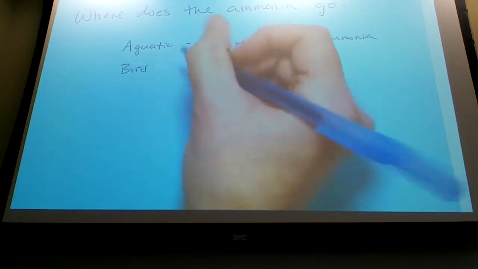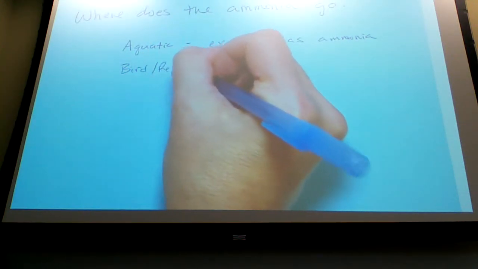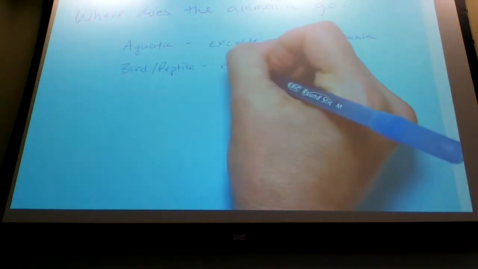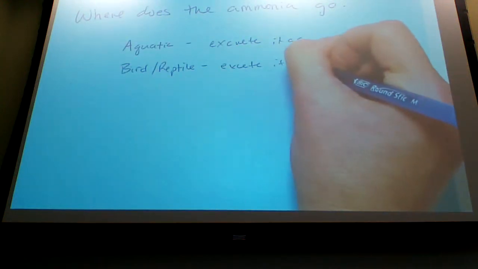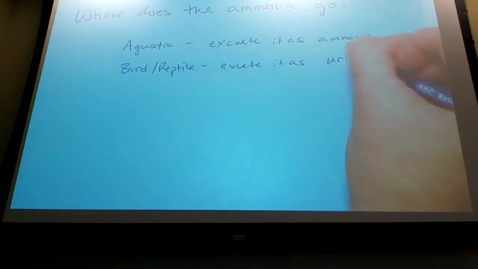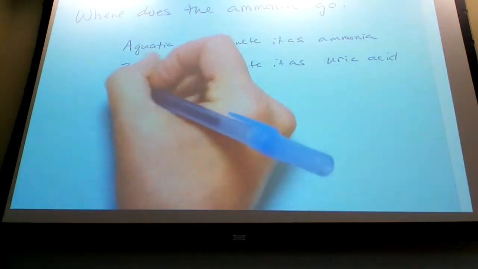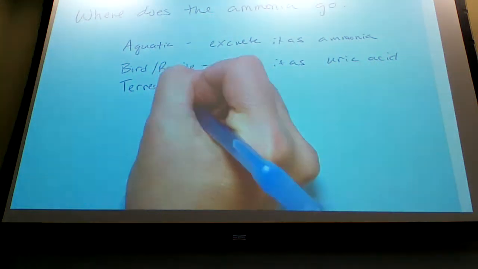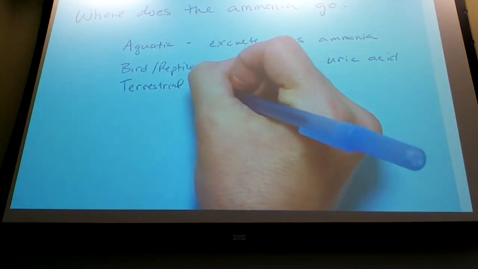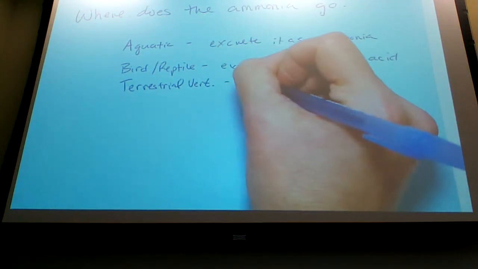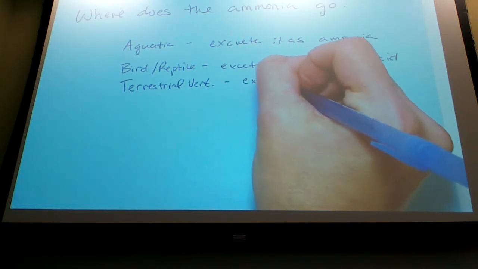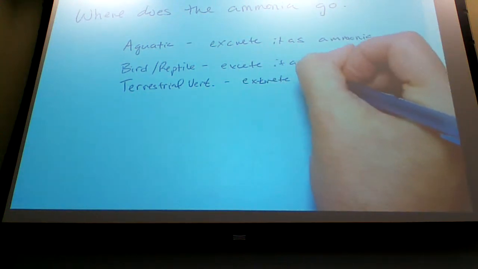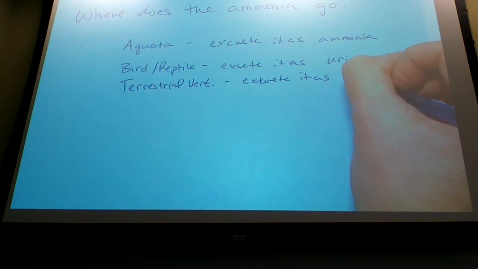If you are a bird or reptile, then you probably excrete it as uric acid. And if you are a terrestrial vertebrate mammal, then you excrete it as urea.